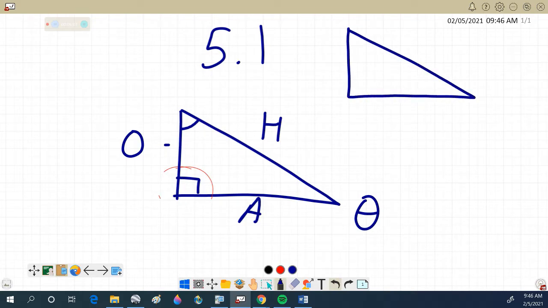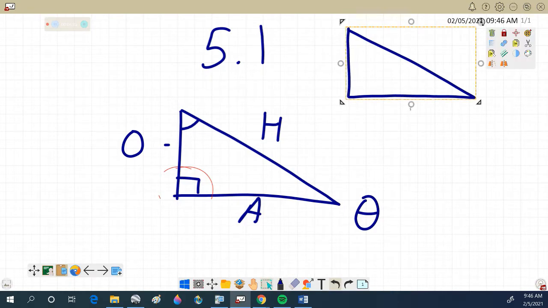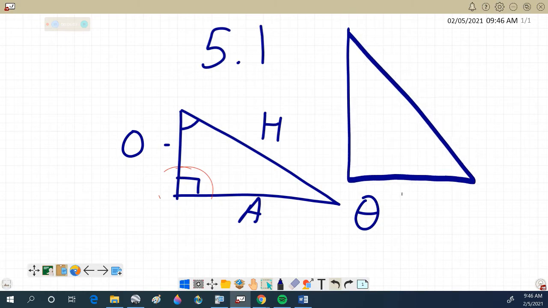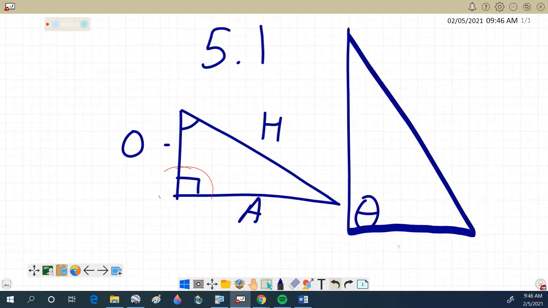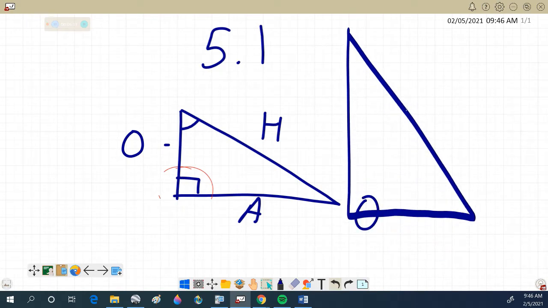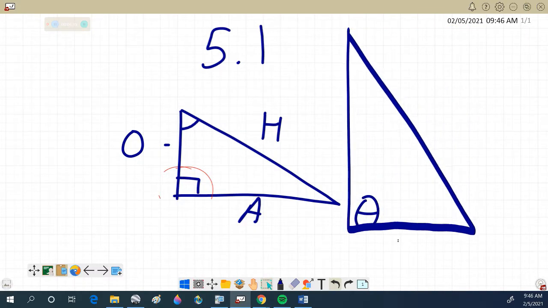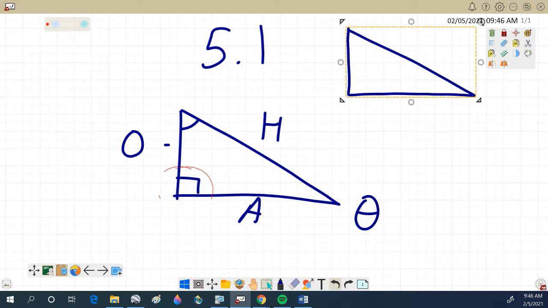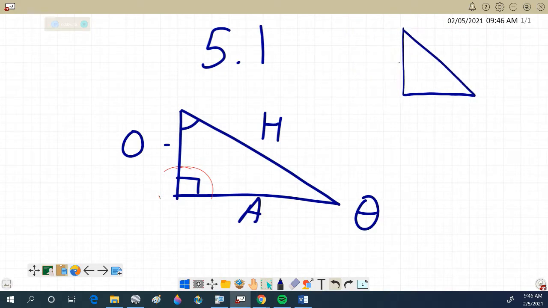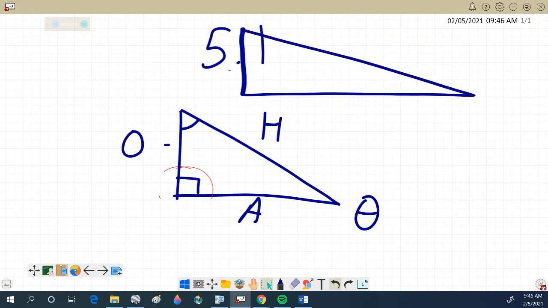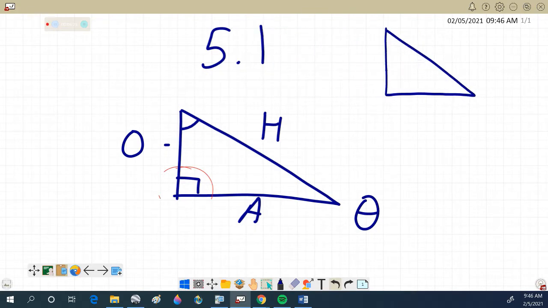Look at the top angle. As I drag this down, what happens to that top angle? It's getting smaller. So as the left side gets longer, the top angle gets smaller. If I move it in the other direction, what's happening to the top angle? It's getting smaller. So as the bottom gets smaller, the top angle is getting smaller.